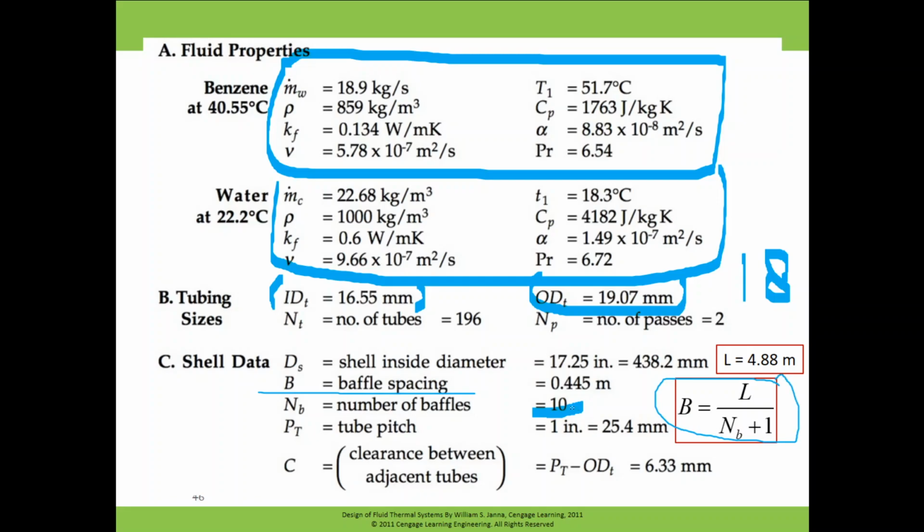The number of baffles is 10, so the baffle spacing comes out to be 0.445 meter. Now the pitch is given in the question as 1 inch, 25.4 millimeter. And what is the clearance between the tubes? The clearance between the tubes is the pitch minus the outer diameter of the tube, which is 6.33 millimeter.